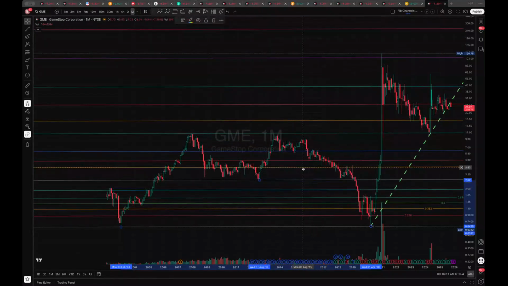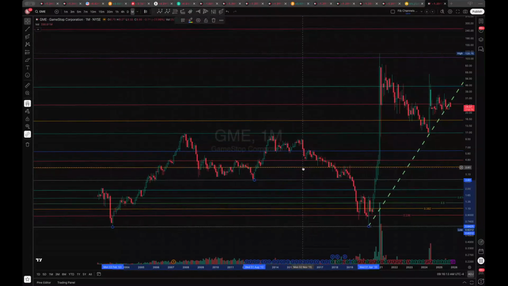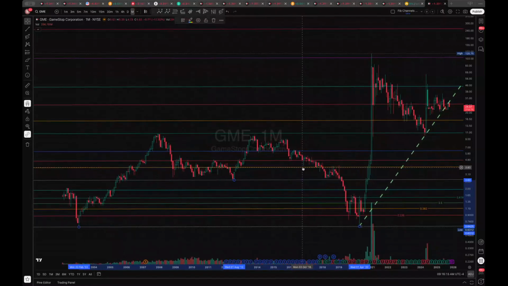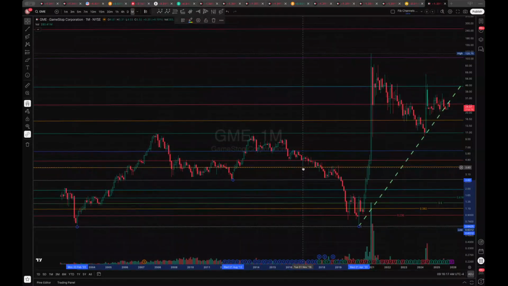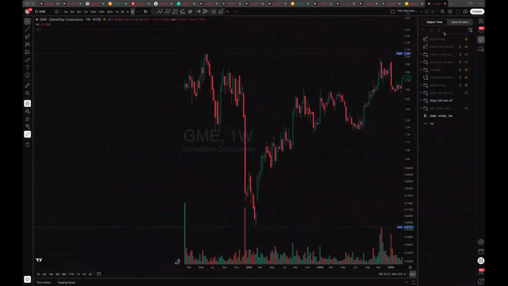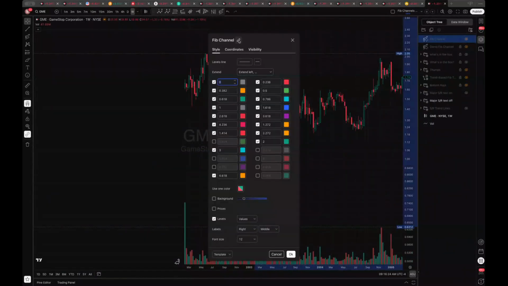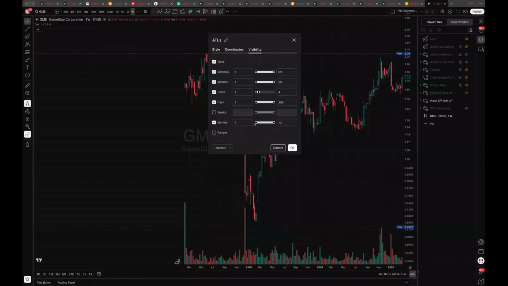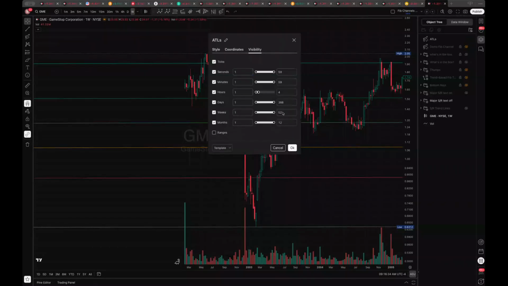I kind of like the low in between. And now if I switch to a weekly, I'm going to rename that fib channel all-time lows and make it visible on the weekly chart.